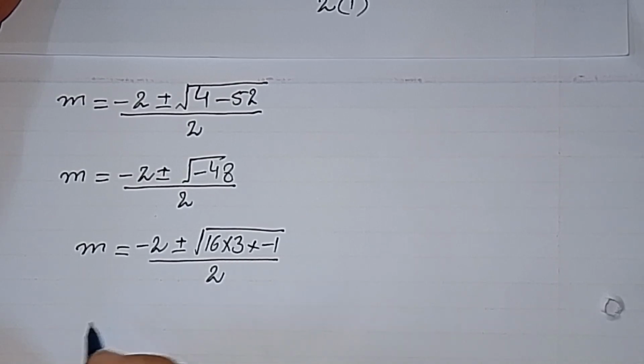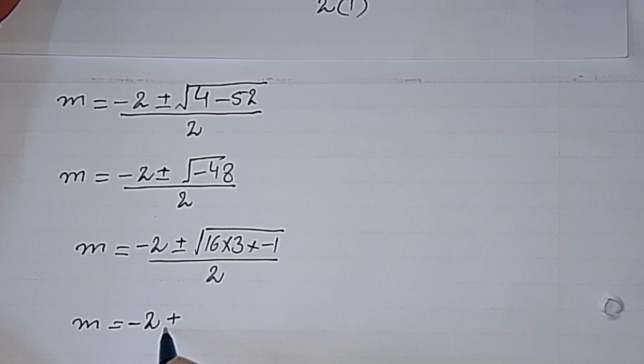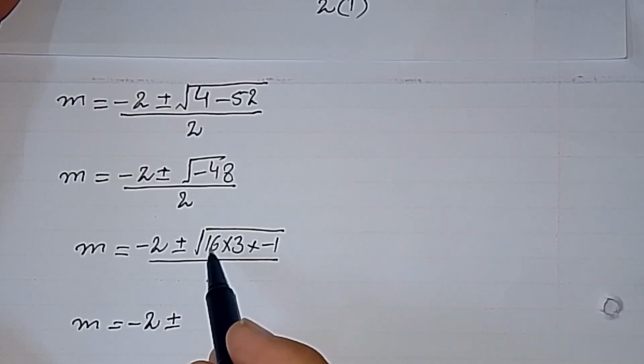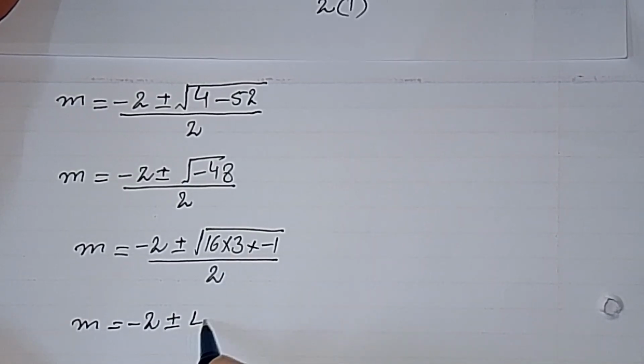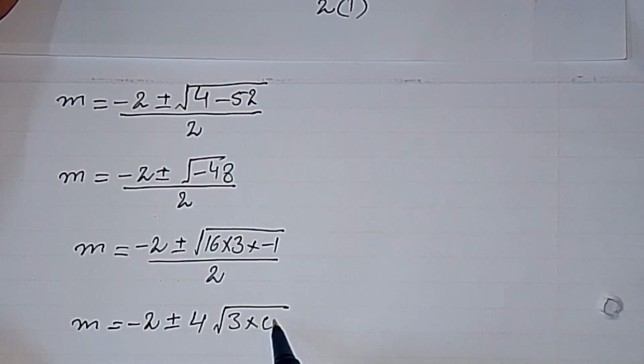Then the square root of 16 is equal to 4. Now 3 into minus 1, where minus 1 is equal to iota square, over 2.